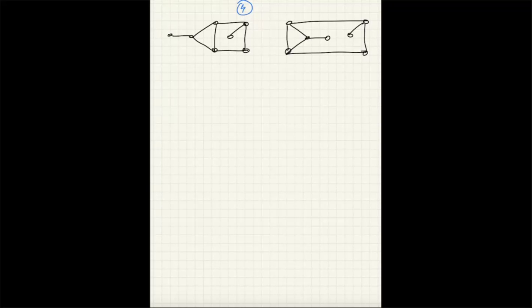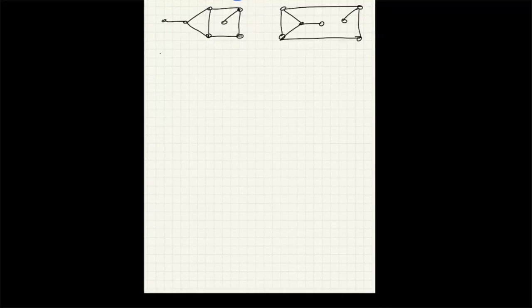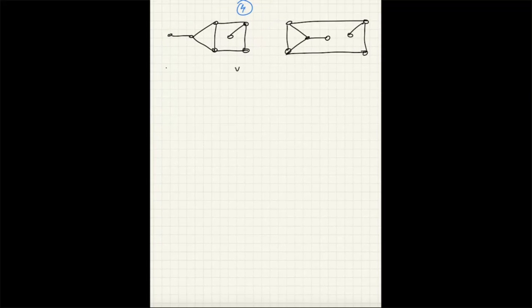And so what can we say about their parameters? In each case, the number of vertices is the same. So the number of vertices is 7. The number of edges is the same because the graphs are the same. So it's 8. And it turns out the number of faces are the same.